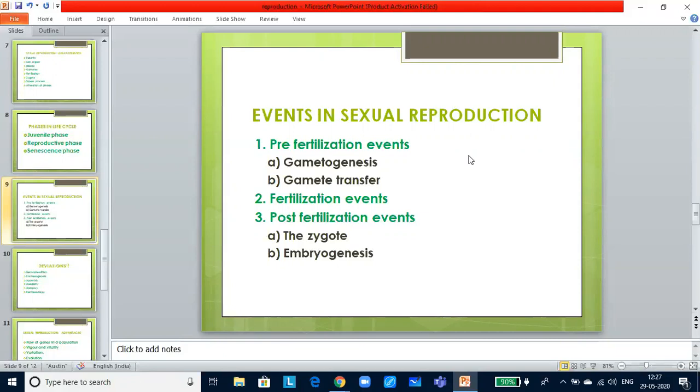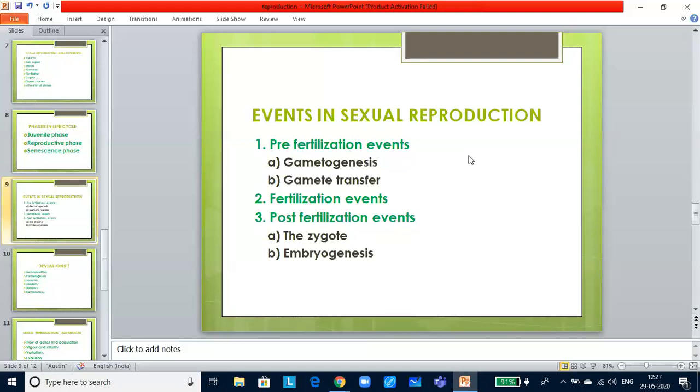Now, let us look at fertilization. Syngamy means fusion of gametes, and it describes the event where the gametes of the opposite sexes come close to each other and fuse. The term fertilization, however, encompasses all the associated events that ultimately lead to syngamy. In most aquatic fishes as well as amphibians, syngamy occurs in the external medium, that is outside the body of the organism.